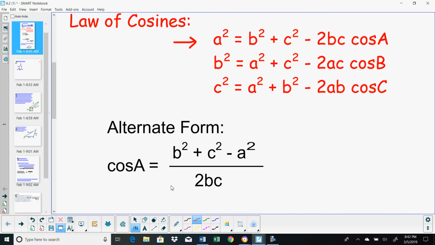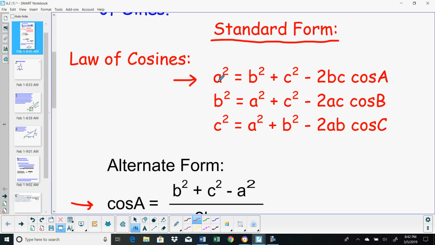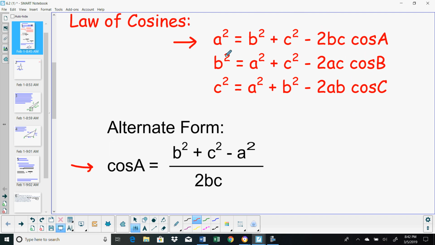We also have these alternative forms. If we look at this alternative form, basically, if you took the first equation right here and solved for cosine of angle A, this is what you would get. Subtract b squared from both sides, subtract c squared from both sides, divide both sides by negative 2bc, and you'd end up simplifying it to this.